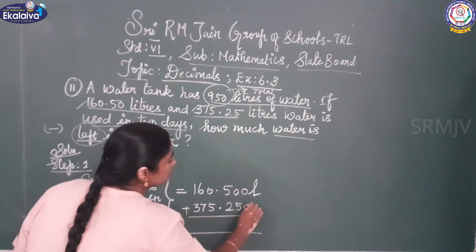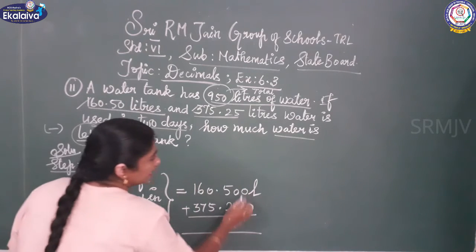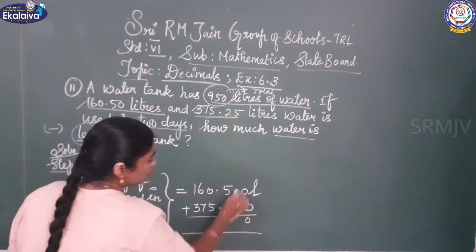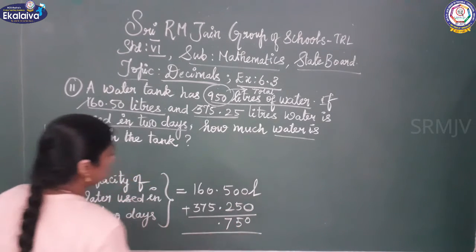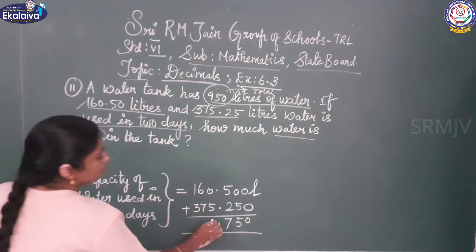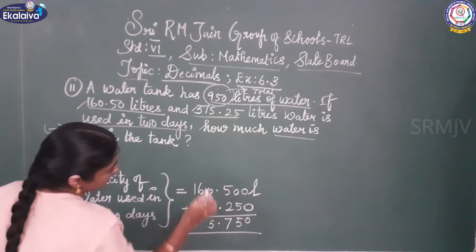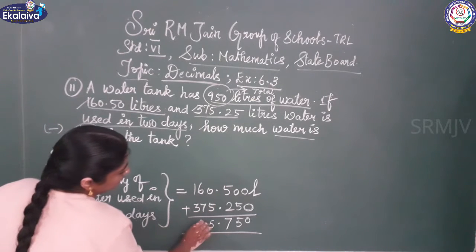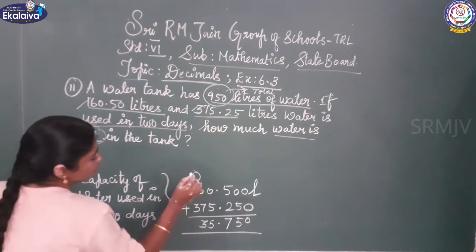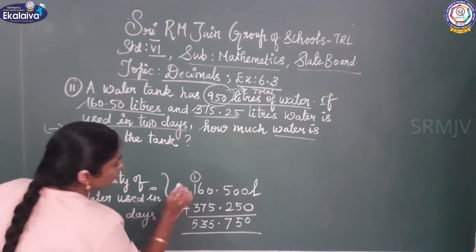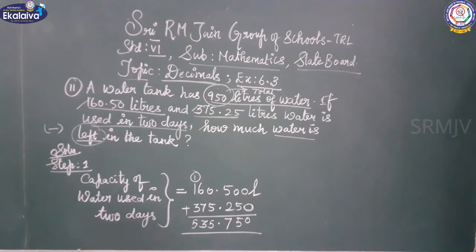So you have to fill this place. Okay. So add the zeros here. Now listen. 0 plus 5 is what? 5. 5 plus 2 is 7. And 5. 6 plus 7 is 13. 1 carry over. 1 plus 1, 2. 2 plus 3 is what? 5. See, this is the capacity of water used in 2 days.